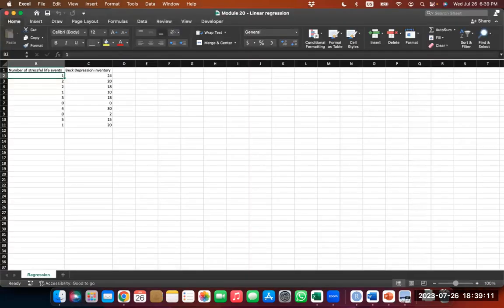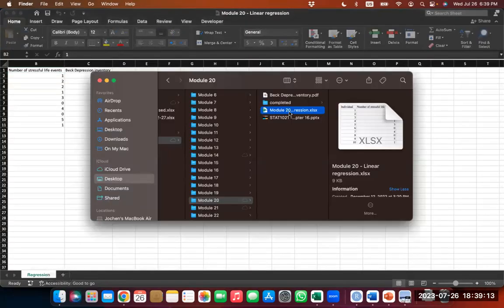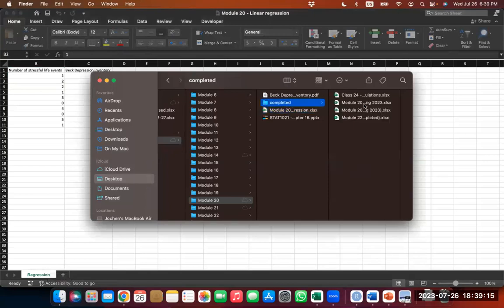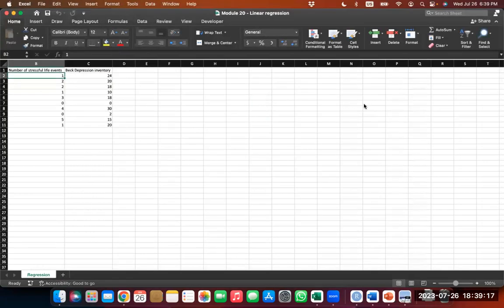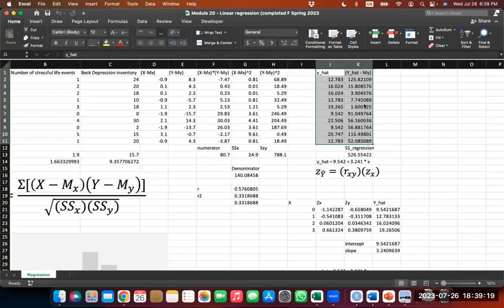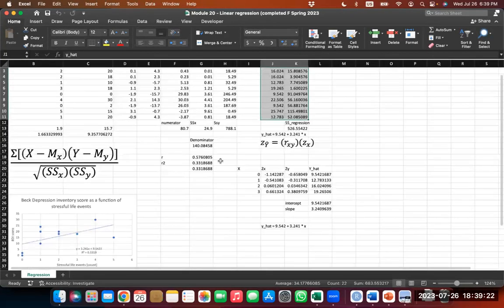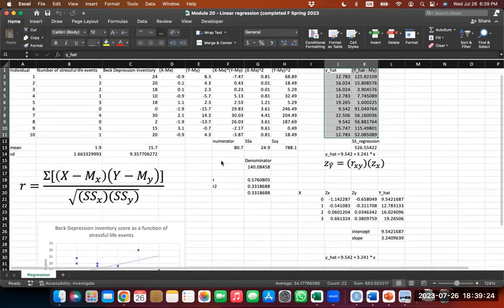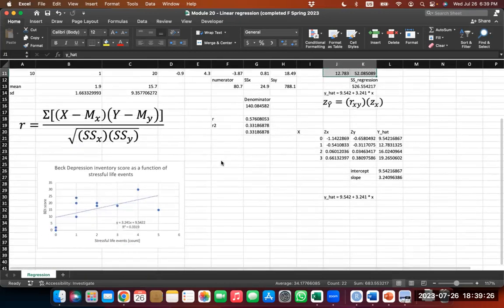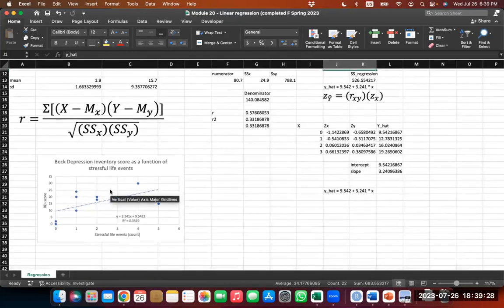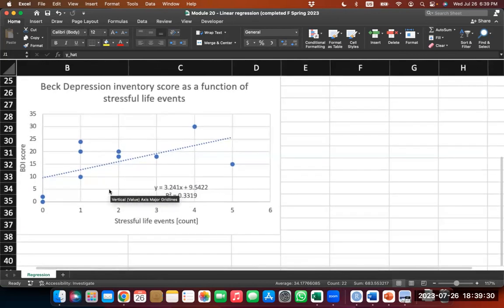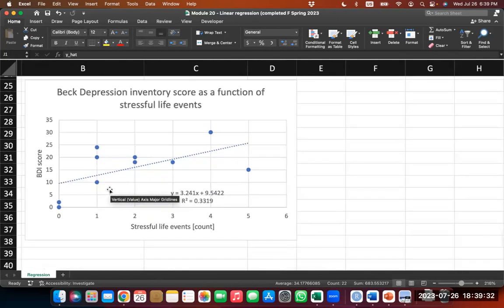If you look here at a completed spreadsheet, that was an example I did with my undergrads in spring. You have the Beck Depression Inventory score. That's a survey quantifying depression.